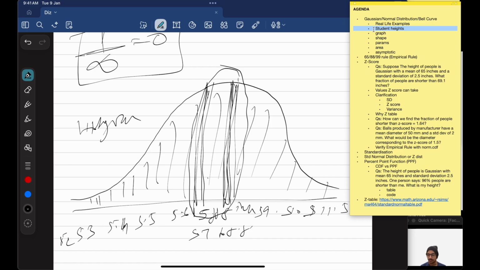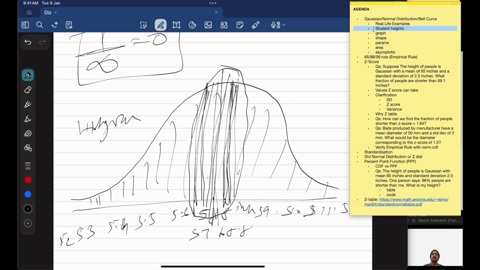So the official definition for Gaussian distribution or normal distribution is basically a continuous probability distribution where the curve is symmetric, right? If we draw a line in the middle around the mean, there will be 50% of the data to the left and 50% of the data to the right.